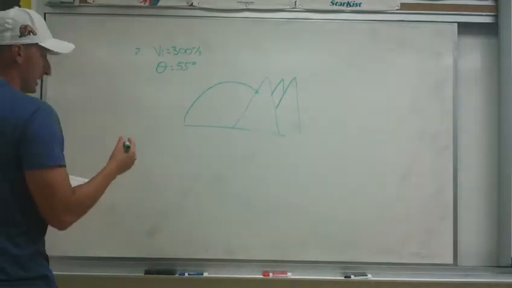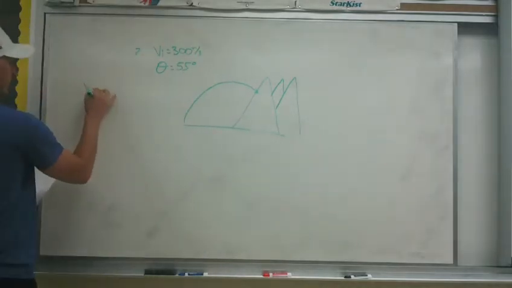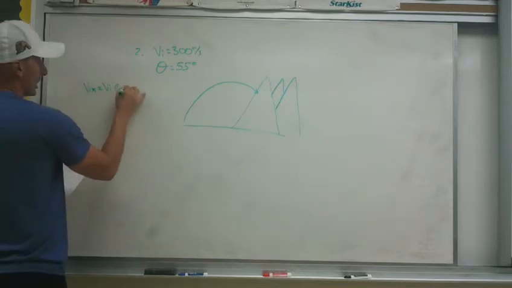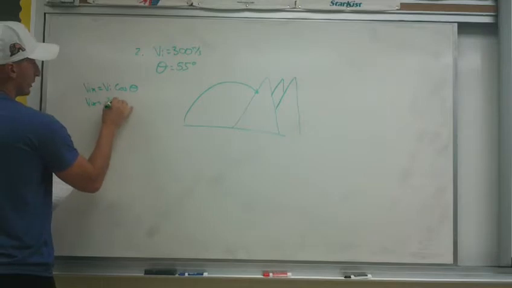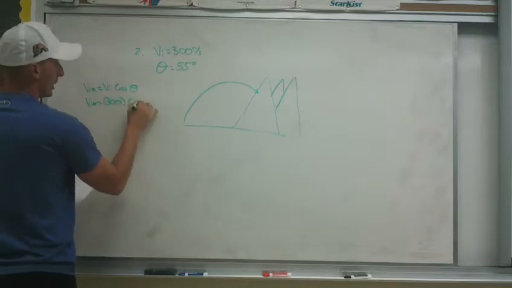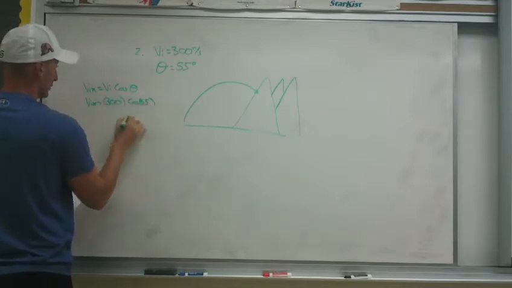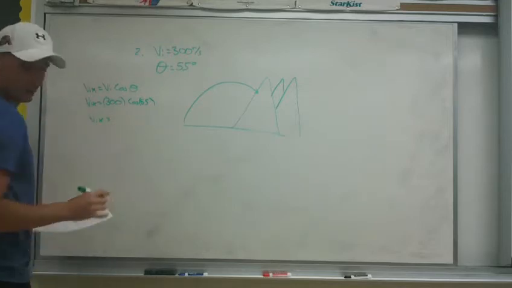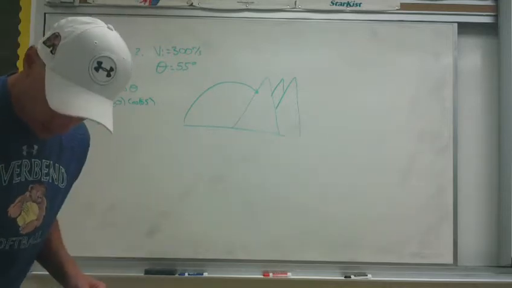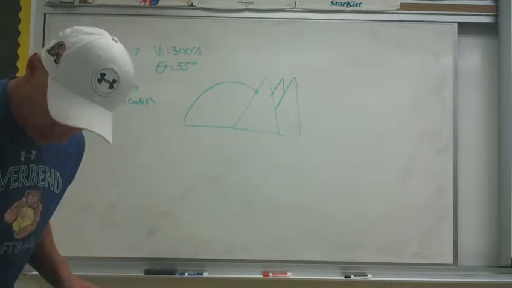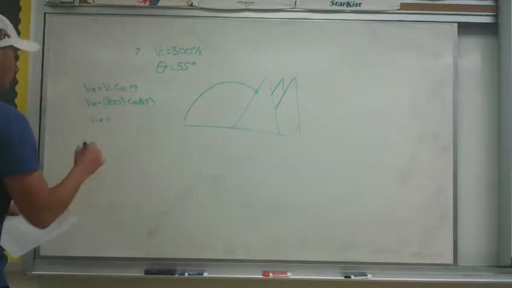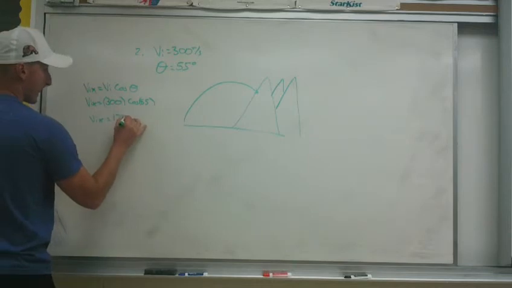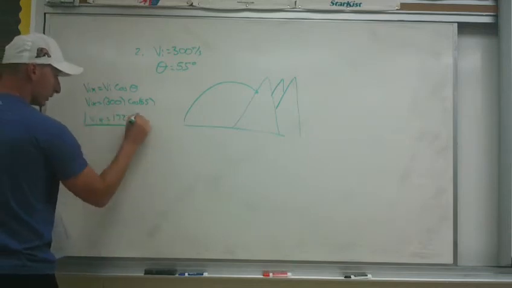So again, easy plug in here. Vix equals Vi cosine theta. So I plug in Vix equals 300 cosine 55. I do 300 times cosine 55, and I get 172 meters per second. Important. Got that.